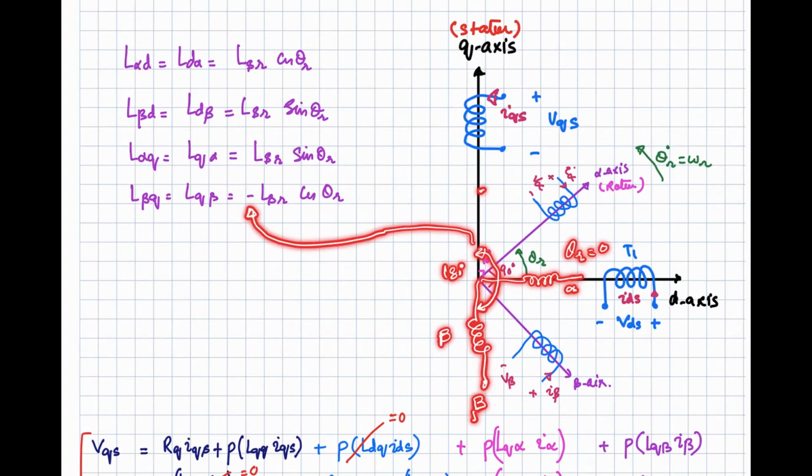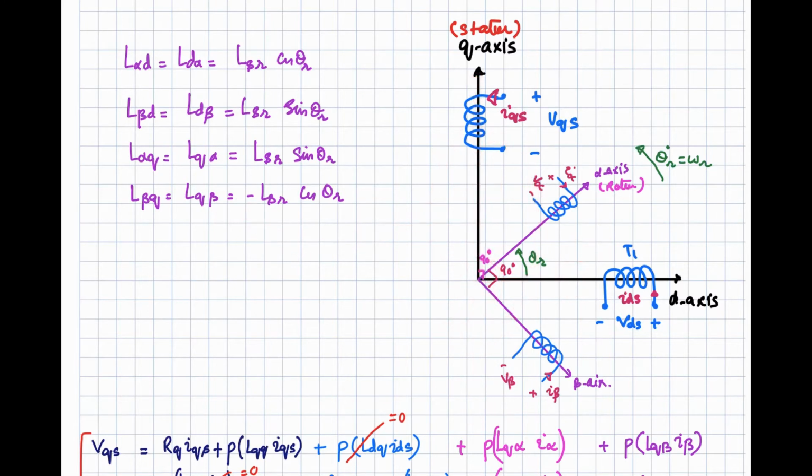Why? Because this winding is exactly opposite to that one. The flux of this beta axis will be linking with the q axis. Linkage will be maximum because they are aligned, but of opposite polarity. Why? Because we have the positive on this side, so when it will be over here the positive will be over here.